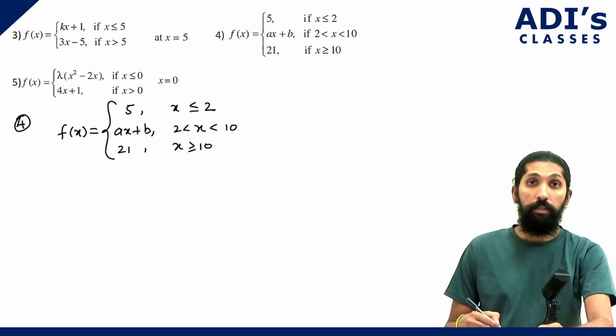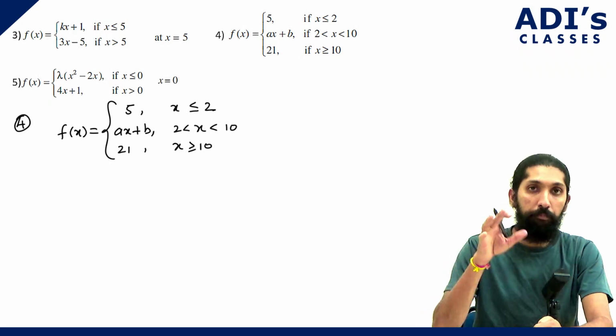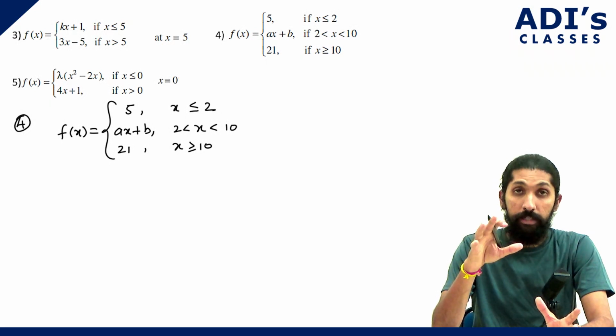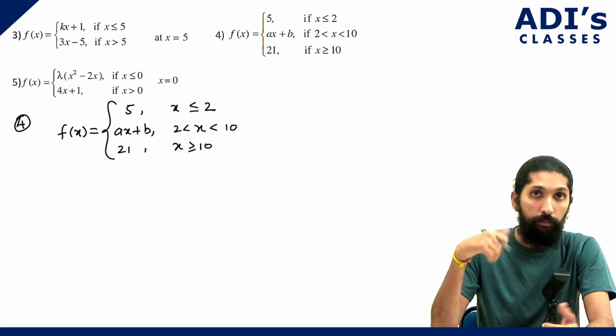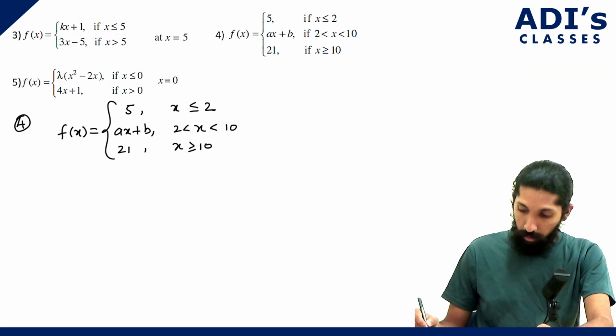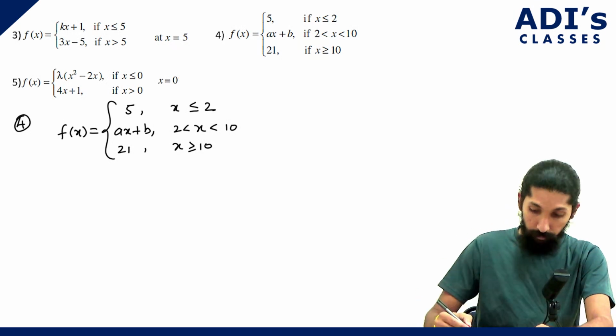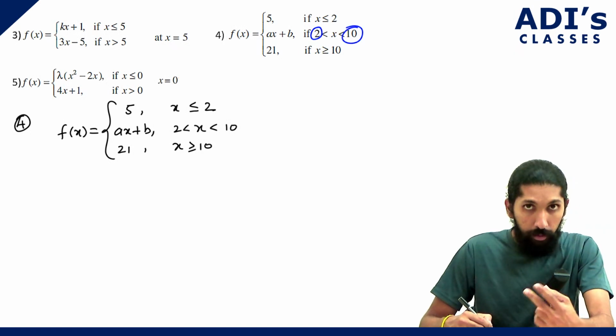Now in this case, what we know is that it has to be continuous. Remember in the previous video, we discussed continuity at two different points. Likewise, here also, we have to consider 2 points. One is 2, one more is 10. Understood? We'll take 2 cases.